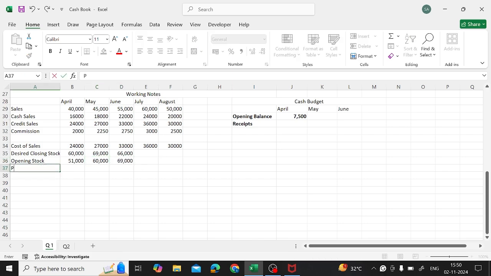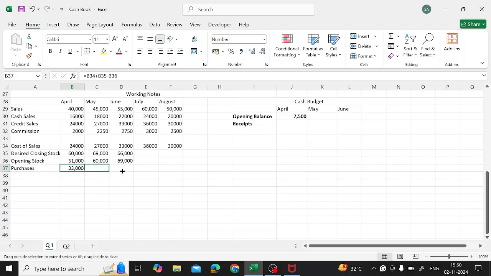Now purchases will be cost of sales plus desired closing stock minus opening stock. So 33,000 for May, 36 for the second, and 30 for June.